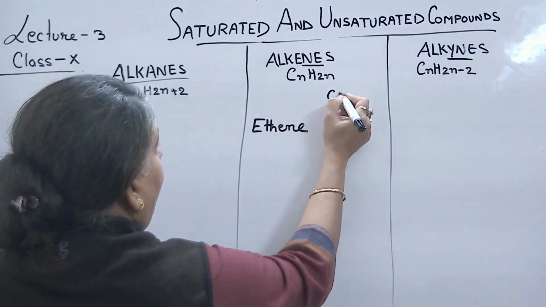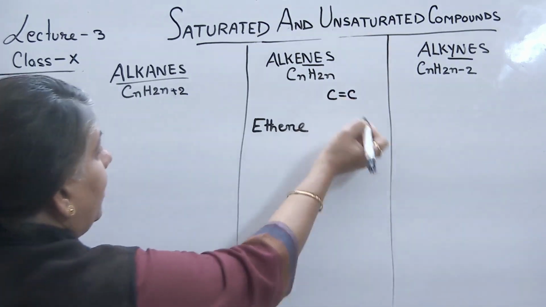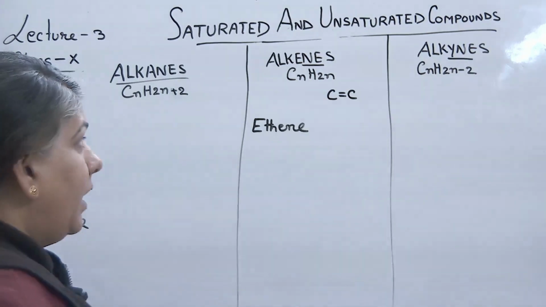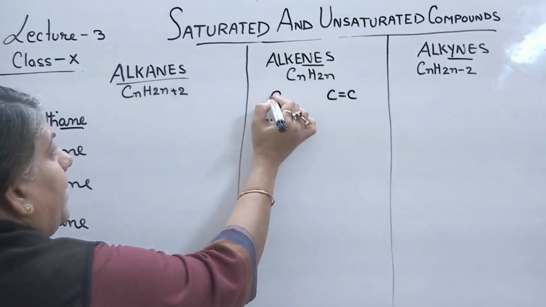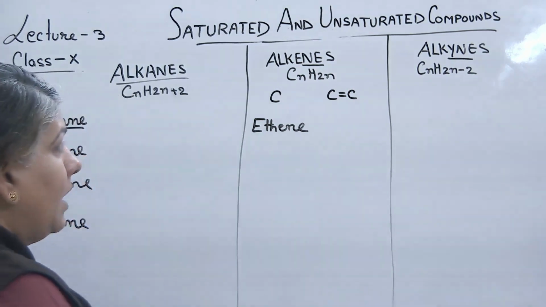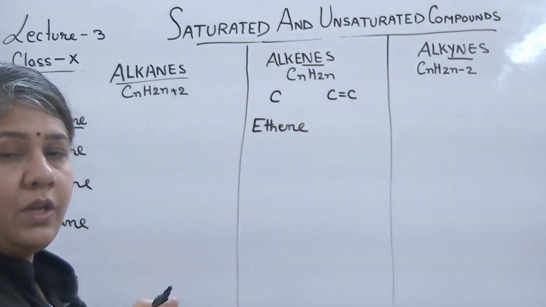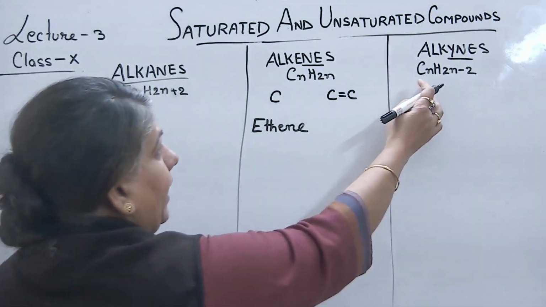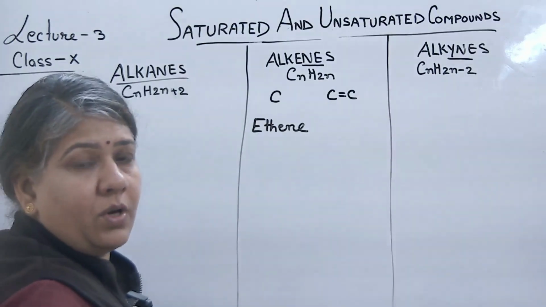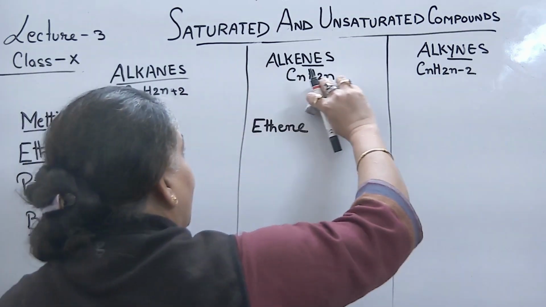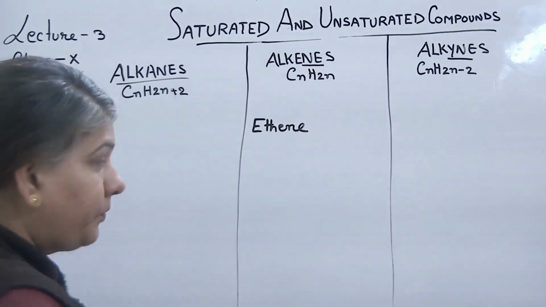So if there are 2 carbon atoms, then only a double bond can be placed. And if there is only 1 carbon atom, how will you arrange a double bond between carbons? Because there is only 1 carbon. So there is no such compound called methene. And similarly for the alkyne series, there is no compound called methyne. So the series begins with a 2 carbon compound.